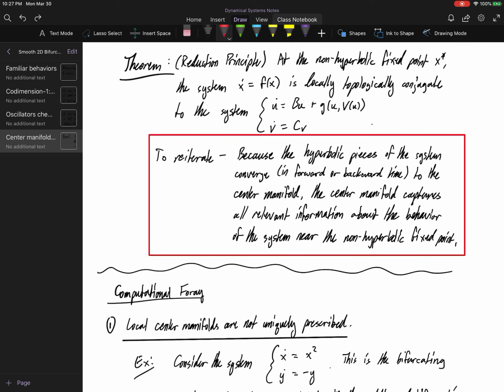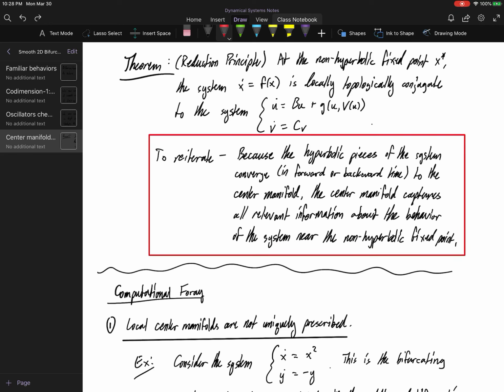And that completely describes what happens locally around a hyperbolic fixed point. But we didn't have anything to talk about non-hyperbolic fixed points, and this reduction principle effectively gives it to us. Right? This is our Hartman-Grobman theorem for non-hyperbolic fixed points.